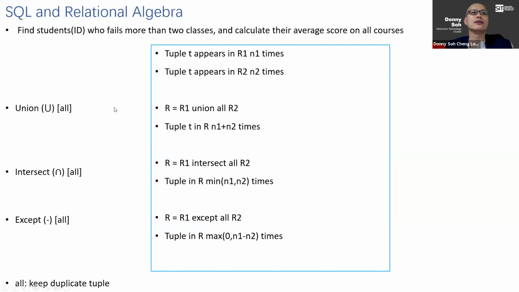Intersect, except as well. Maybe I tell you what, let's go through one example. I think this will be a little bit clearer, because this is quite hard to understand.